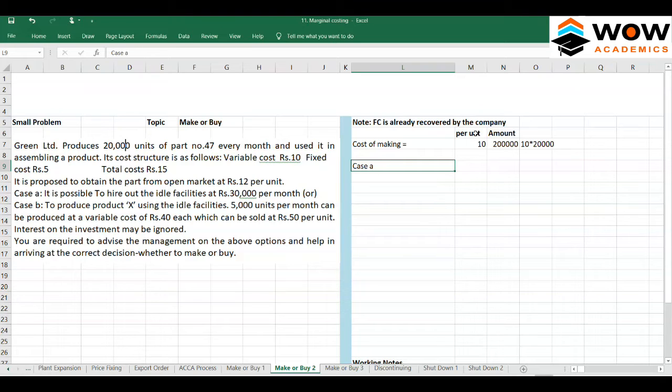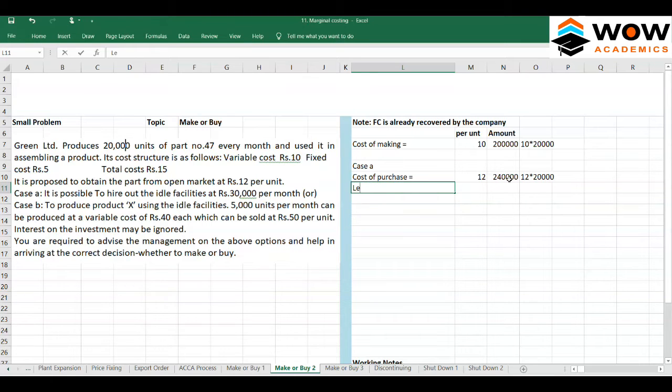So first we'll see what is the cost of purchase. The cost of purchase is 12 rupees per unit. So that comes to 2,40,000. But we have to pay this 2,40,000 to get the units, but we can get an income.